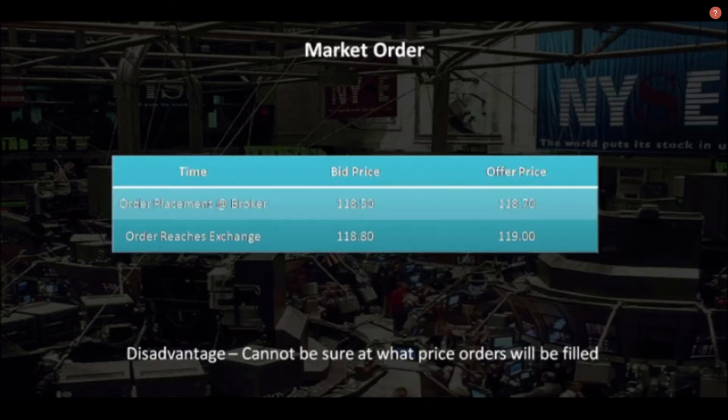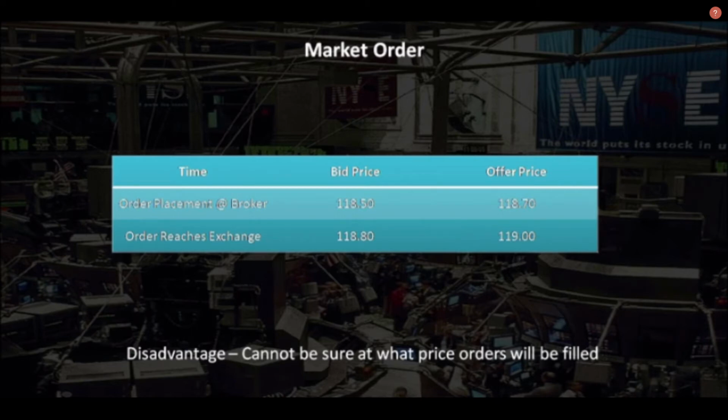So for example, if at the time of placing your buy order, you see that the stock is trading at 118.7, it may so happen that by the time your order reaches the exchange, the stock has moved to 119, so you might end up buying the stock at 119 instead of 118.70. So essentially in case of market orders, there is always a risk that the market may move adversely by the time your order reaches the exchange.